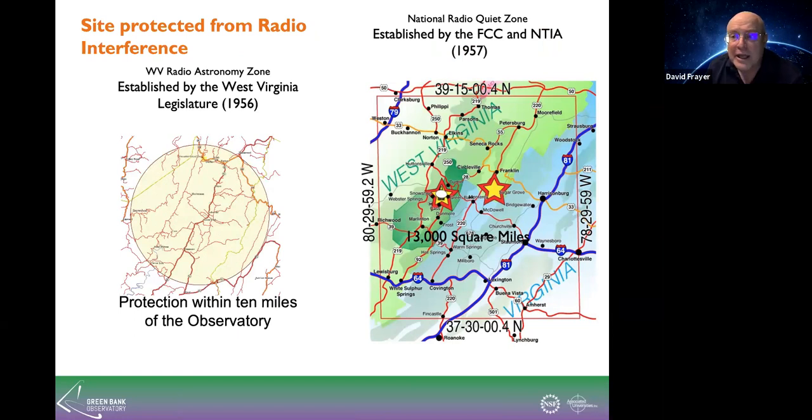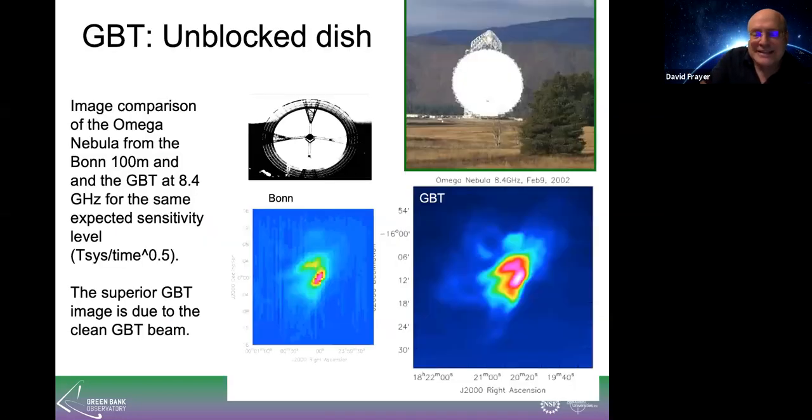I'm just over the mountains from Green Bank, but they don't put the cell phone tower on the top of the mountain. They put it down the mountainside, so the cell phone emission doesn't go up over the mountain and get to the telescope valley, but stays in our valley over here, for example. So it's not RFI free, but it's about as best as you can do, certainly in the continental US.